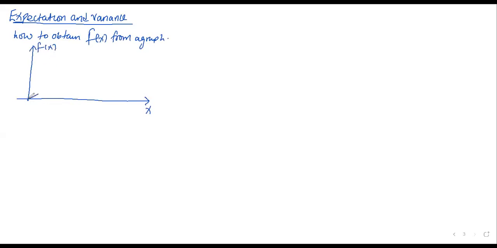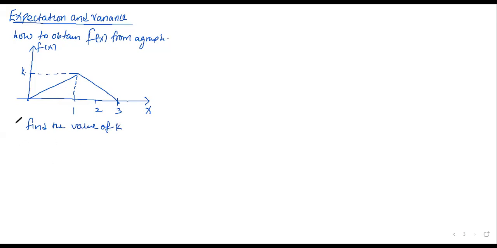Then from 0, this is 1, this is 2, this is 3, and this is k. And they ask you to find the value of k. They can ask you for the value of k.